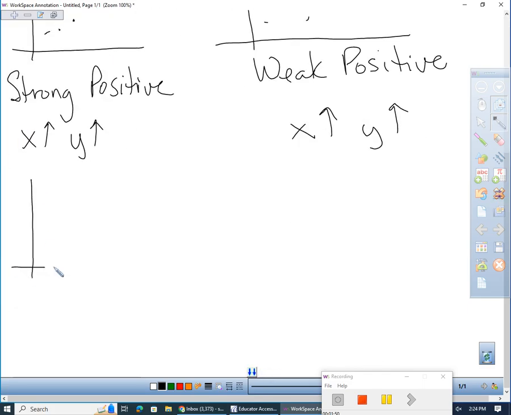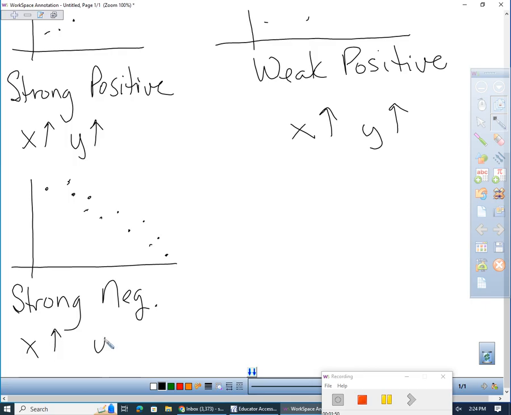Let's say I have a scatter plot, and the points, when I plot them, are going really close to a straight line, but going down. If it's going down to the right, this is a strong negative correlation. And if it's a negative correlation, as X goes up, Y goes down.